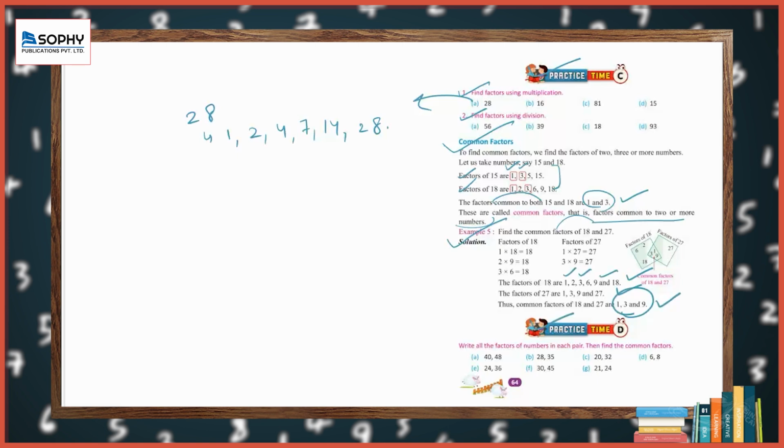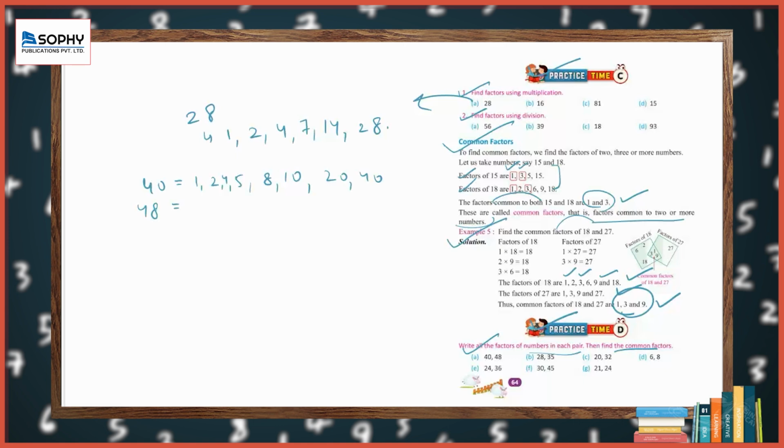Now let's look at the practice time D, students. In the first part, we have to find all the factors in each pair and then find the common factors. So for 40, what will be the factors, students? 40 and 48. So it will be 1, 2, then very good students 5, then 8, then 4, then 10, 20, 40.